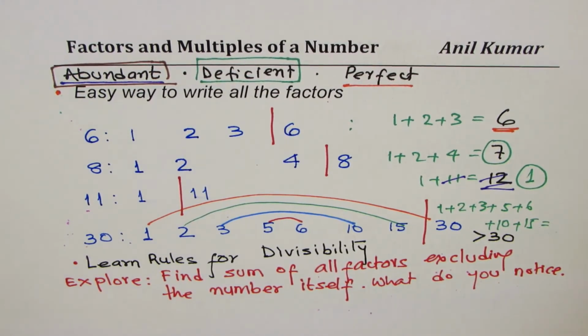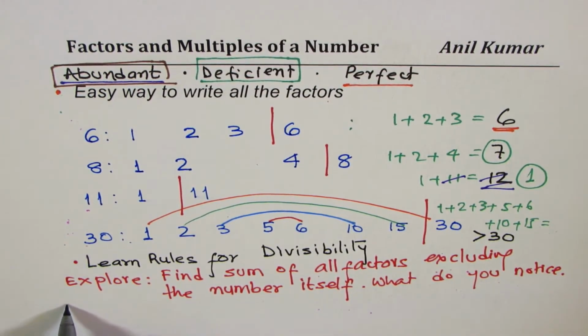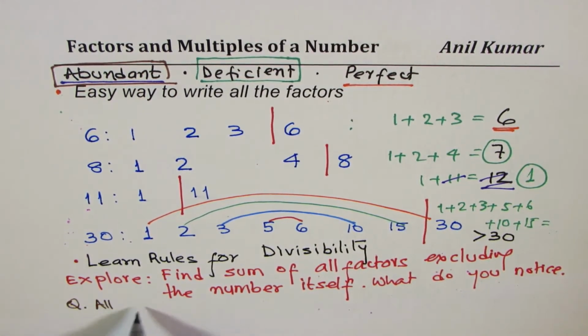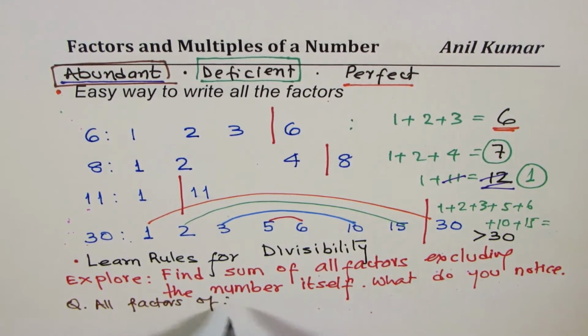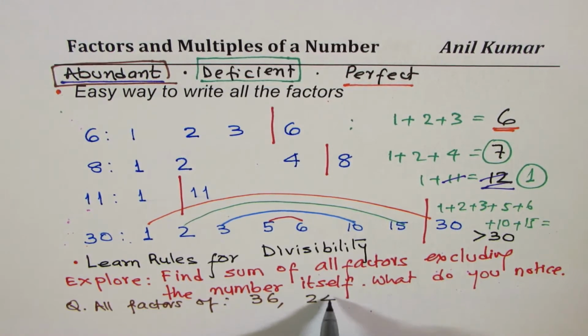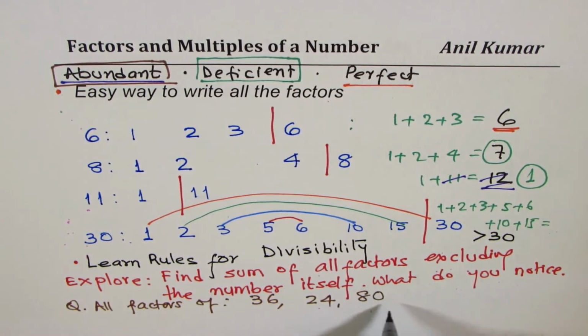Now, before we take up the next topic, here is a question for you to do. You have to find all factors of, let's take a few numbers. Let us say 36 could be one number, 24 could be another number, 80 could be another, right?